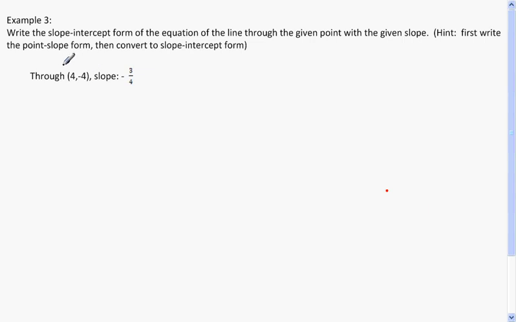We have example 3. Again, the only thing we're focusing on today is writing things in point slope form. So in order to do this, I like to go ahead and put my subscripts on: x1, y1, and your slope. I like to rewrite this point slope equation so I know what to sub in for.